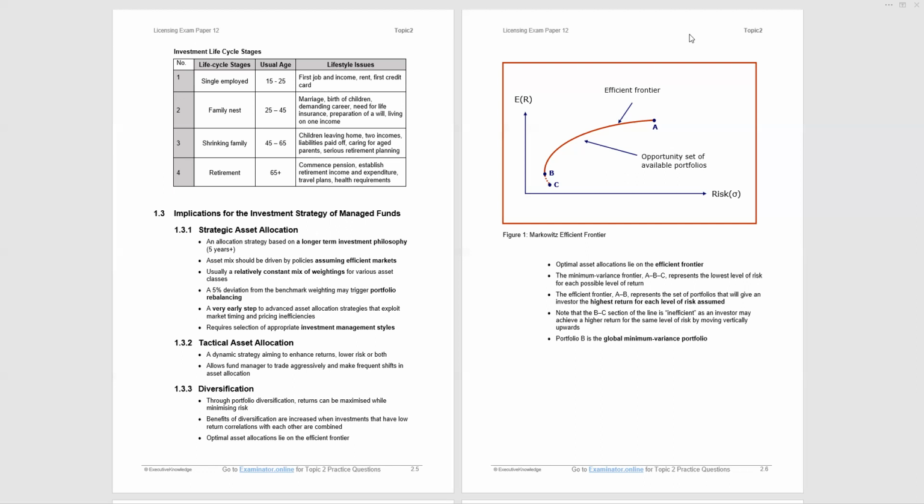And you can see that B to C represents the inefficient aspect, because an investor is always going to go for a combination of investments with the higher return, that is above B, rather than below B on that efficient frontier.